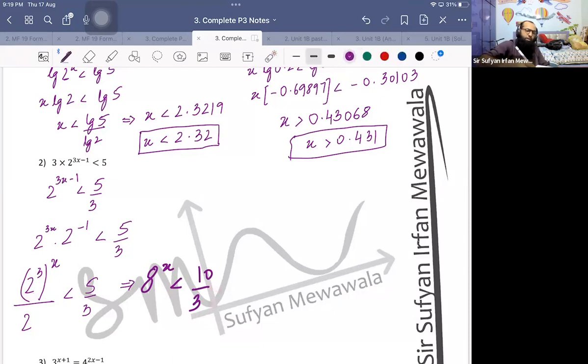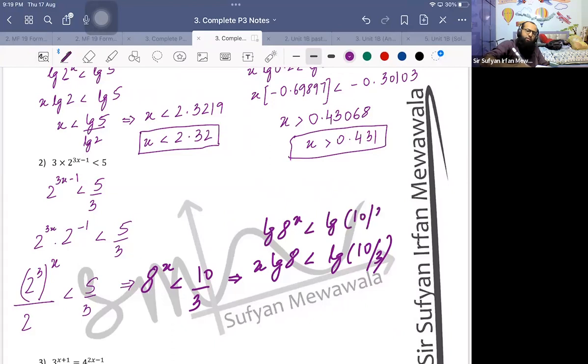Now it's more convenient to solve it by taking lg or ln on both the sides. We'll take lg on both the sides like this: lg 8 power x is less than lg 10 over 3. Then x lg 8 is less than lg 10 over 3. And then we can divide: x is less than lg 10 over 3 divided by lg 8.